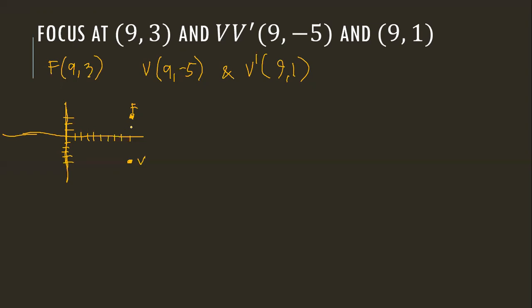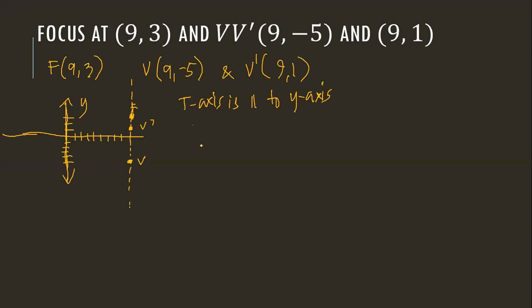This is our B prime. Alam na agad natin na kapag dinrawingan natin ng line, this is our transverse axis. Ang transverse axis natin ay parallel kay y-axis. Therefore, we can say that the transverse axis is parallel to the y-axis.